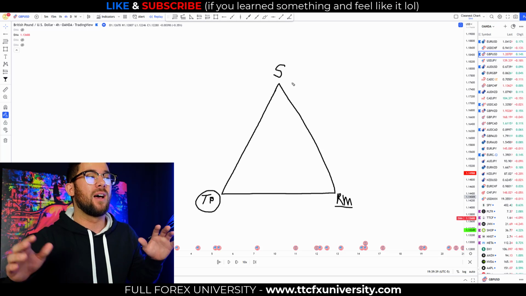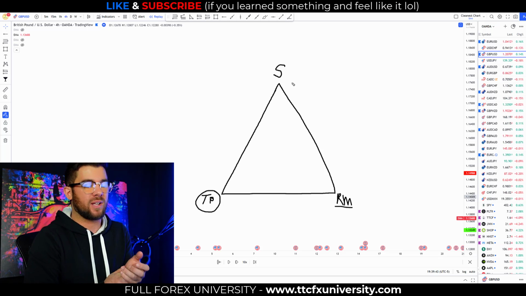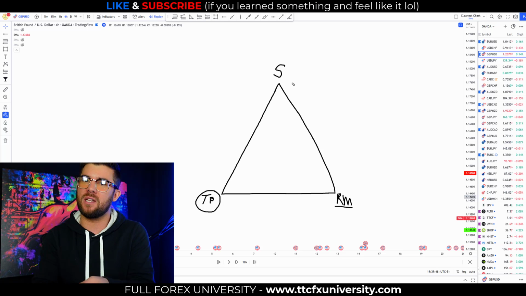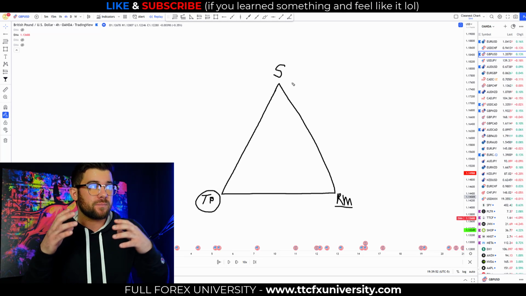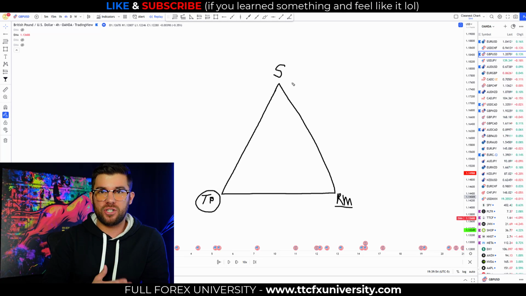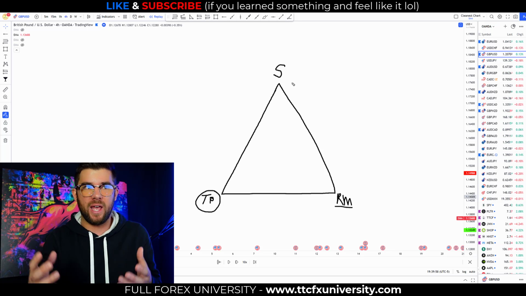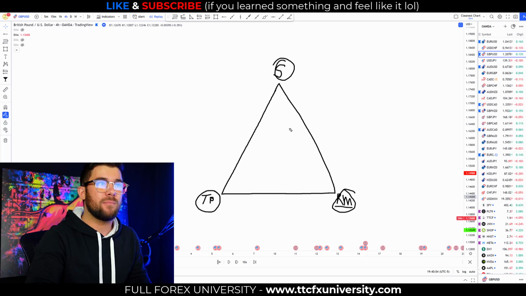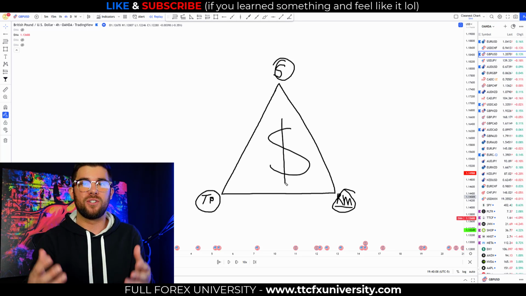That could be things like combining structure with a moving average as an area of value, waiting on a candlestick pattern, and using the proper EMA for a specific currency pair. That combination of conditions and entries would be the makings of a strategy we use to pull profits out of the market that gives us our edge. And whenever you combine a good trading foundation with a good strategy, you end up a professional trader. That's what creates a successful trading career.